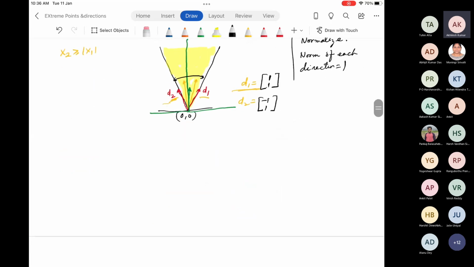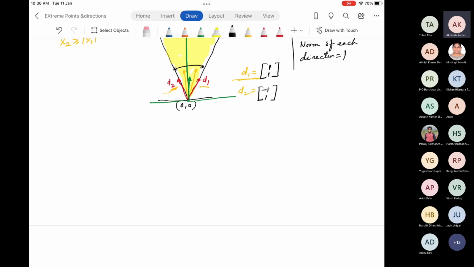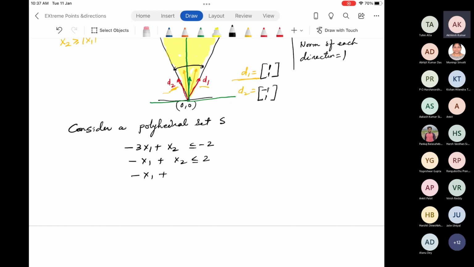Let's try to understand now extreme directions and extreme points. So consider a polyhedral set S, which is minus 3x1 plus x2 less than or equal to minus 2, minus x1 plus x2 less than or equal to 2, minus x1 plus 2x2 less than or equal to 8, minus x2 less than or equal to minus 2, and x1, x2 greater than or equal to 0.